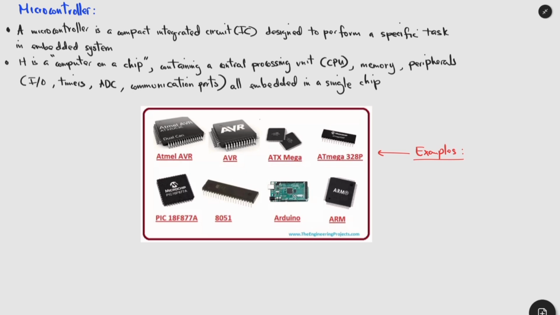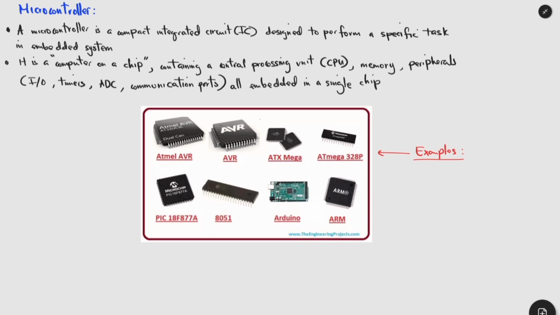We have the Atmel AVR, Atmega, PIC, 8051, Arduino, ARM, and there are other microcontrollers out there, and they mostly perform functions which are common to every one of these microcontrollers. However, they may have a different integrated development environment for each of them, and most of these microcontrollers are designed to perform a specific task in an embedded system.